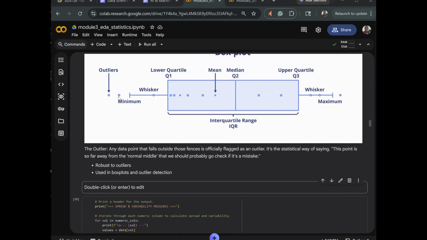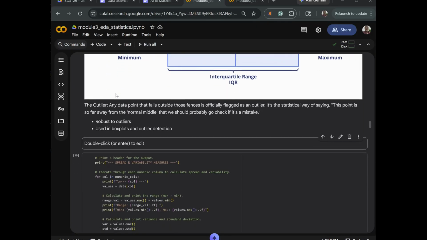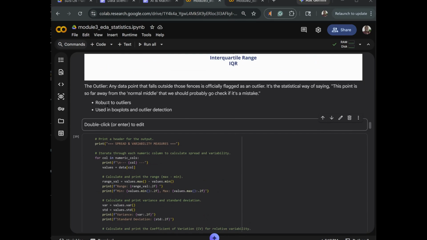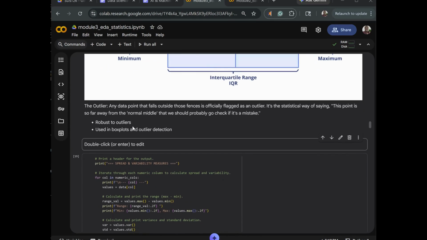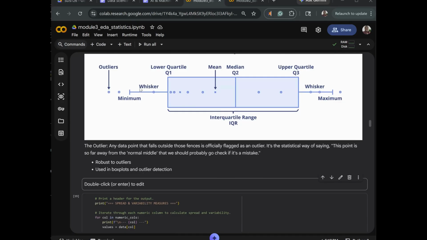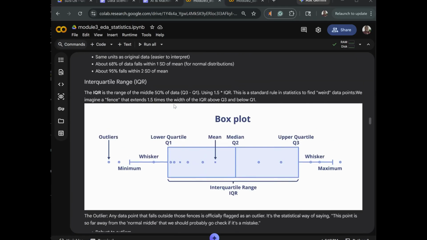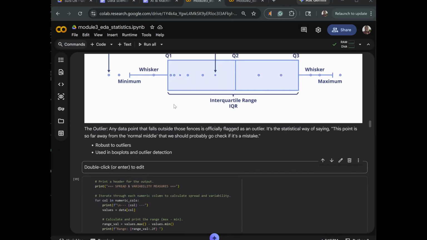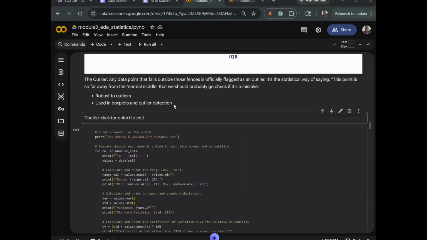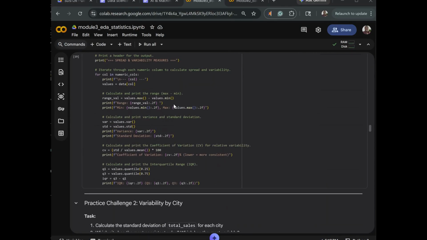Any data point far away from the median is a data point that is supposed to be investigated. This IQR is robust to outliers and used in box plots and outlier detection. This is a box plot. We call it a box and whisker plot, in case you get to see it later on.